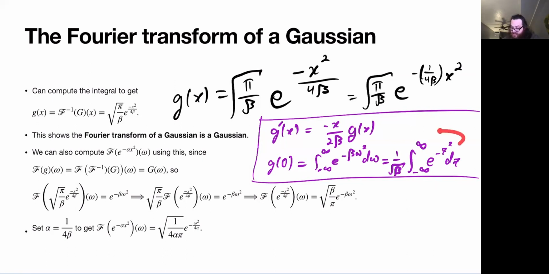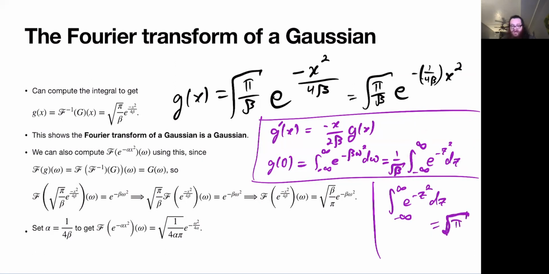And this integral, negative infinity to infinity of e to the minus z squared dz, turns out to be the square root of pi.